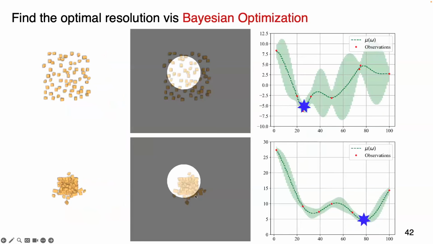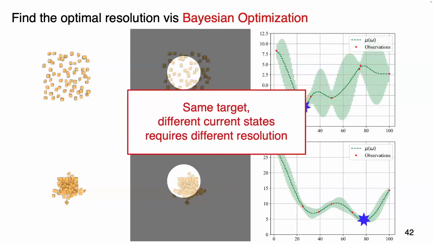And when the object pile is very spread out, there are a lot of actions that can make progress in the task. That means we don't need such a fine-grained representation to model the environment. So the same target, different current states also implies different resolution.